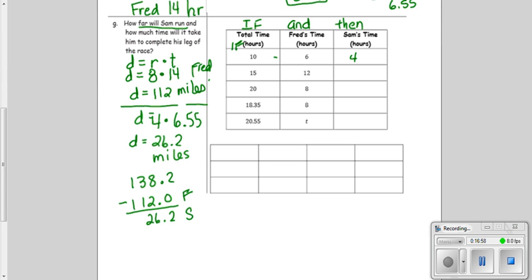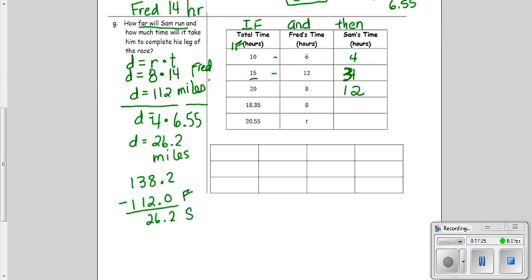So we've got, if Fred took 15 hours, take away the 12 hours, then Sam's time would be 3 hours. And if the total was 20 hours, take away 8 hours, 20 hours minus 8 hours is 12 hours.